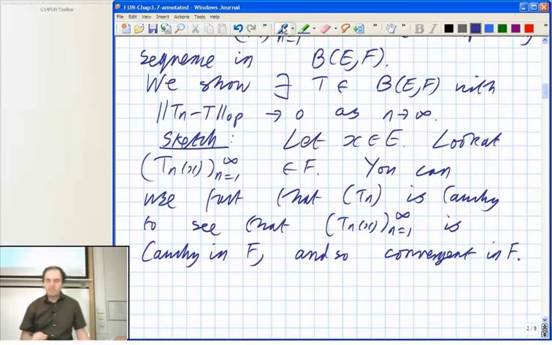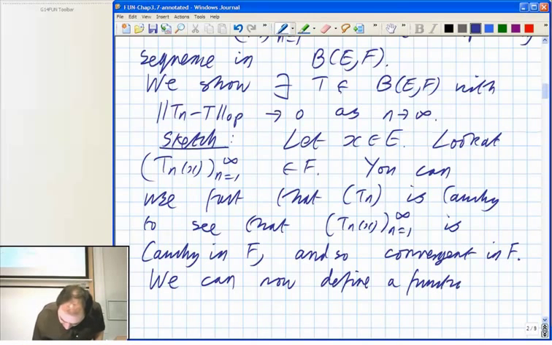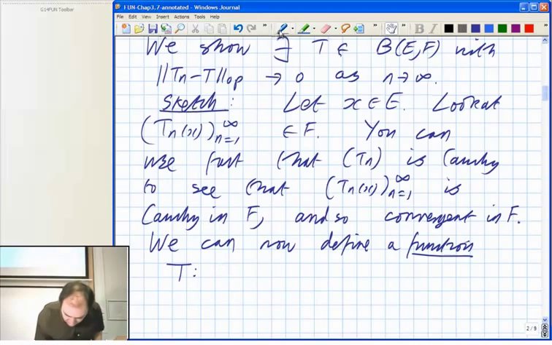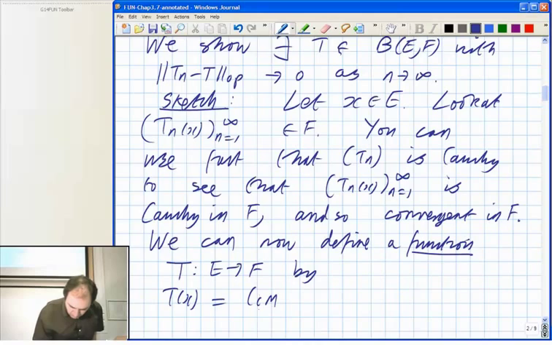So we can now define a function, but we don't know what sort of function it is. A function, t, from E to F, by t of x is the limit as n tends to infinity of Tn of x.